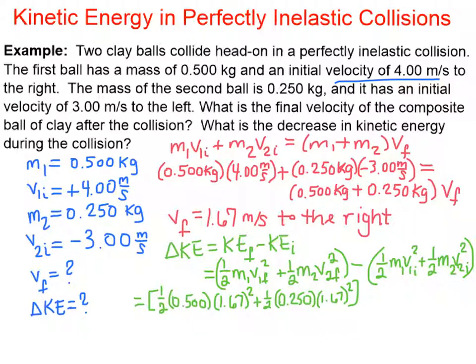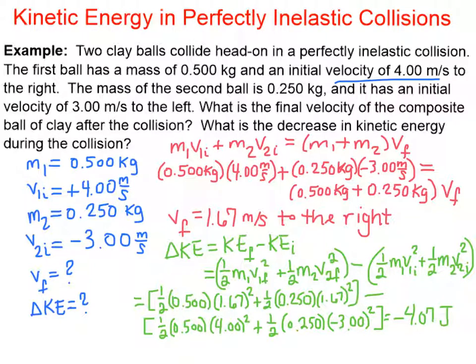Now I'm ready to substitute values in for these variables. My mass for object 1 is 0.5. My final velocity for both objects is 1.67. I square that, plus 1/2 times the mass of object 2 times that final velocity as well squared. And I'm going to say minus, and I'm going to write this second term down here.